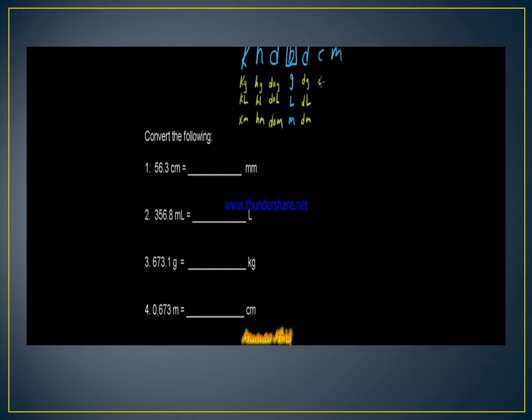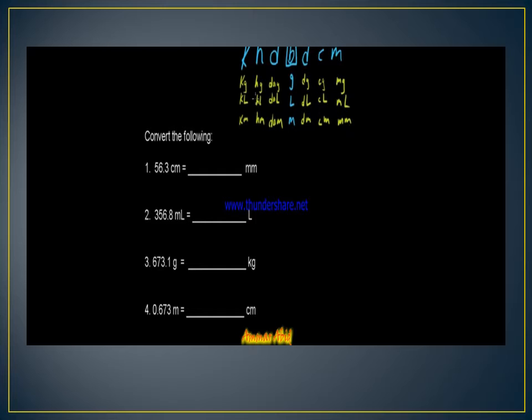This could be centigrams, centiliters, or centimeters. And finally we can have milligrams, milliliters, or millimeters, which are 1,000 times smaller. Okay, so here's the meaning of these prefixes.